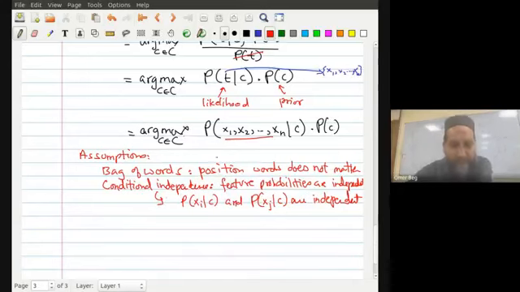That helps us in getting this probability, and it helps in this way.